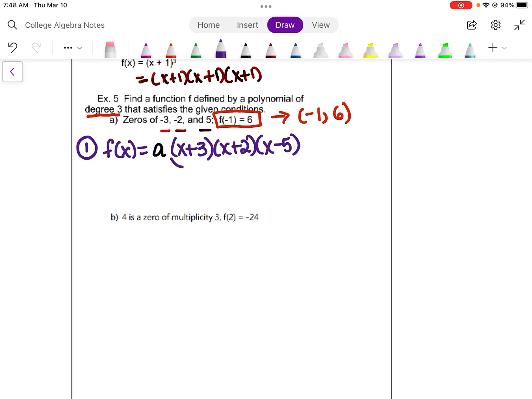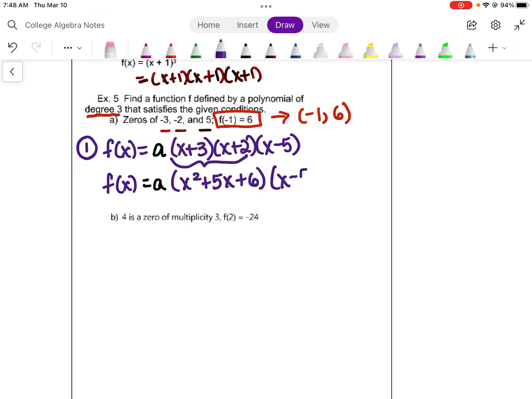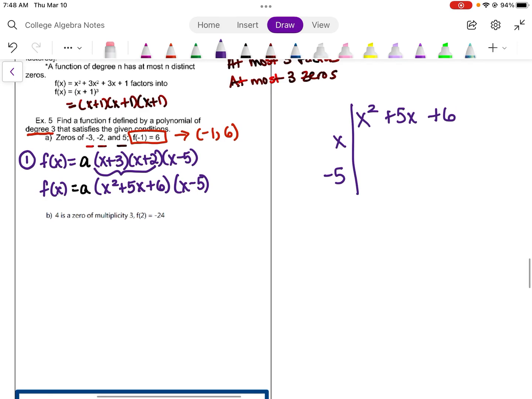The next thing you're going to do is you're going to spend a little bit of time multiplying this out. So I'm going to FOIL x plus 3 and x plus 2. And then I'll multiply that by x minus 5. Now, some of you really like grid multiplication, so that's the method I'm going to use over here. I'm going to put my trinomial across the top. Just like that.